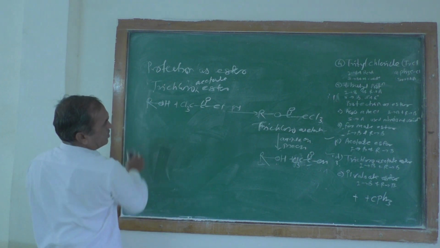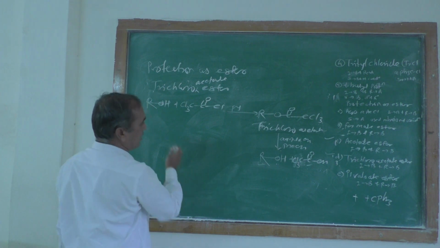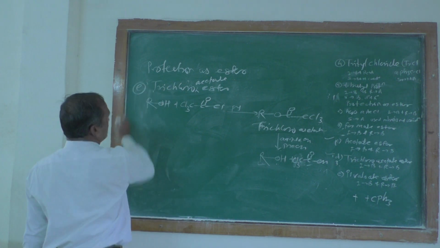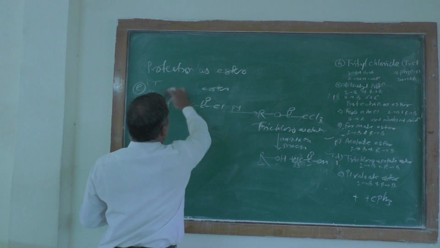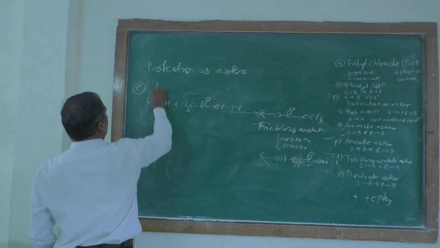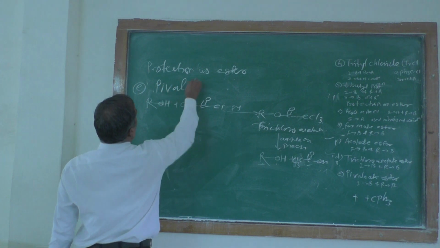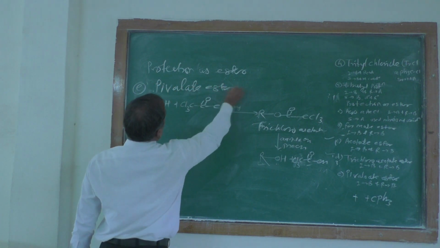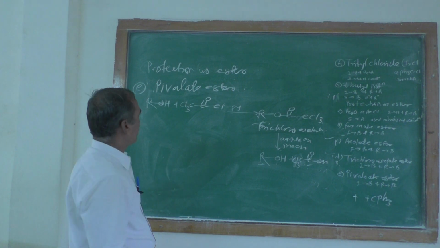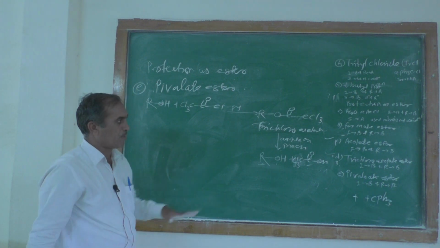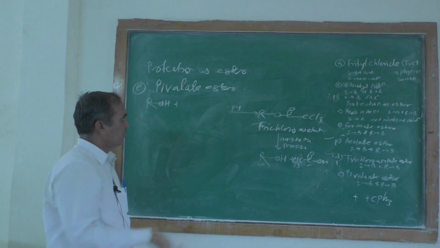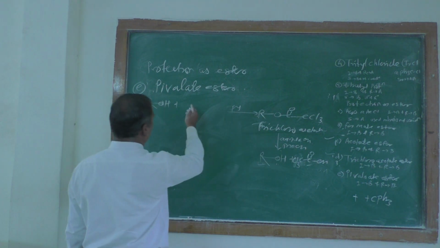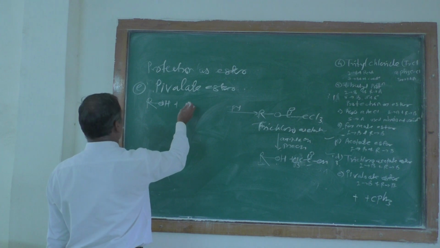Next one, what is the next one? The last one, E, is a pivalate ester. And what will be the structure of pivalate ester? The structure is similar to trichloroacetyl chloride, like this.